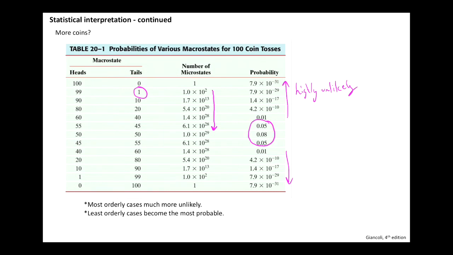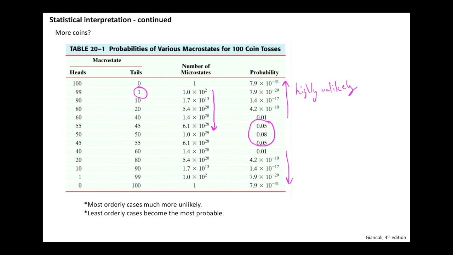With one toss of 100 coins, it's much more likely that you're going to end up somewhere roughly in the middle as opposed to toward one of the ends, okay? And you can see those probabilities are a little bit ridiculous. You're going to have to toss the coins a lot of times to increase your likelihood that you might get all heads or all tails. I think we kind of understand that that's true.